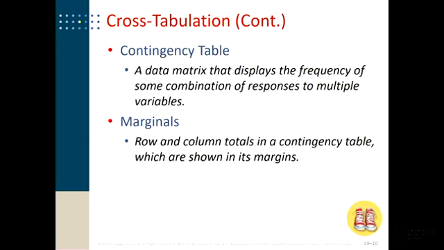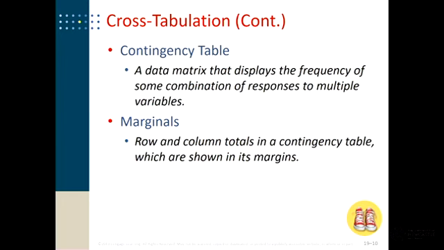So in cross-tabulation, as I said, you will have one variable in the row and one variable in the column. You may have more, but at least one variable in the row and one in the column. A contingency table is also a cross-tabulation, but you combine some responses to get more information.